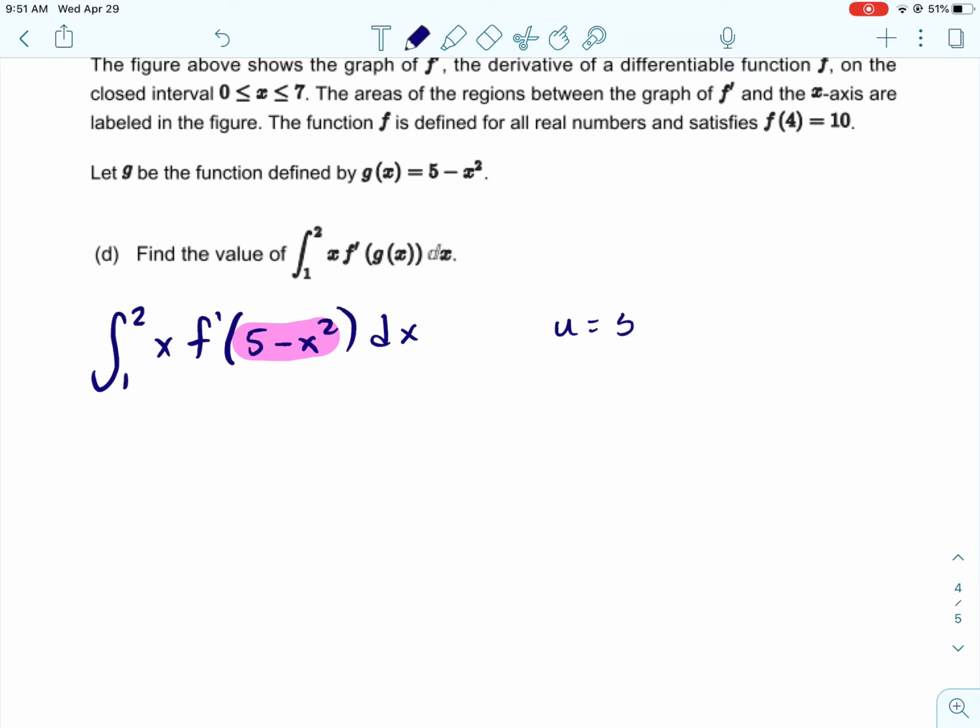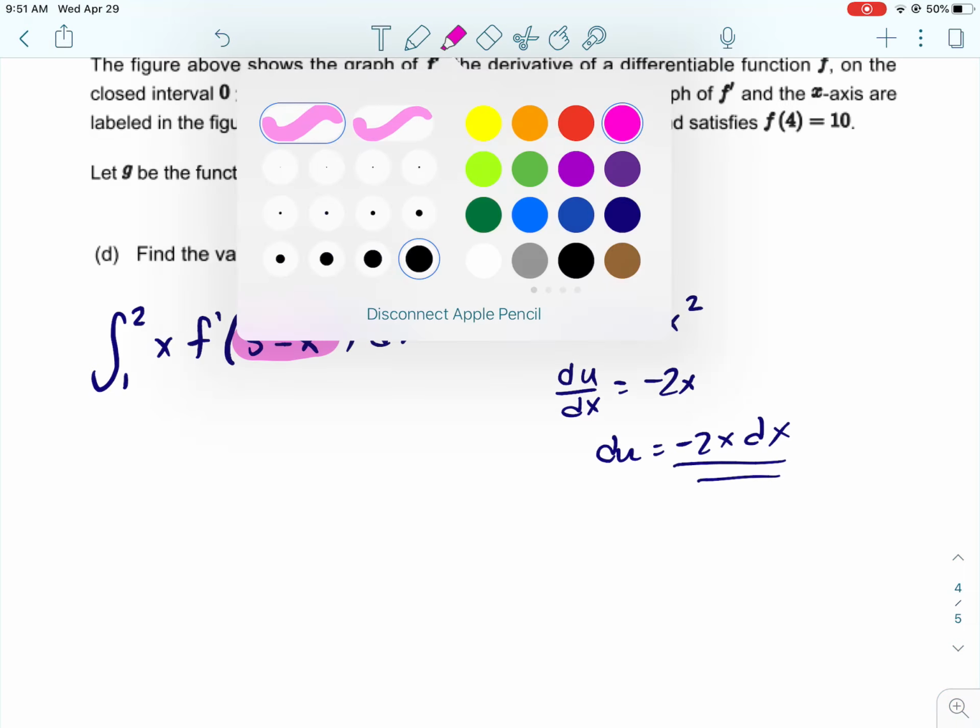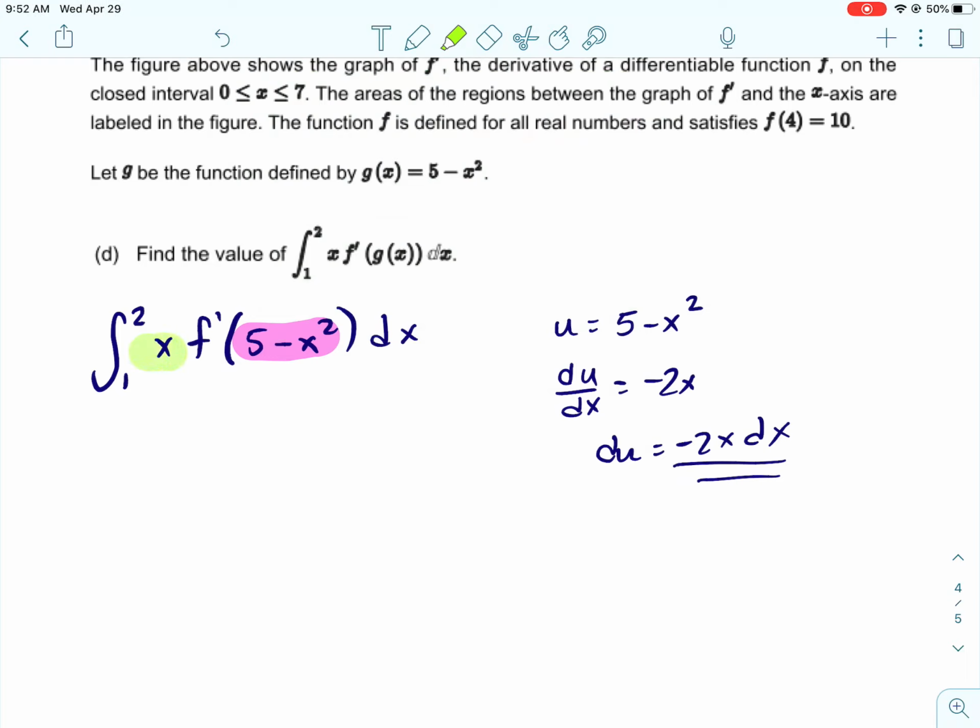So we are going to have to do u substitution on this, and I know this is kind of a very abstract problem, but the inside function is going to be 5 minus x squared. So I'm going to call that u. All right, so don't forget, we do du, find the derivative, du dx is going to be negative 2x. All right, and then when we solve that for du, we're going to get negative 2x dx.